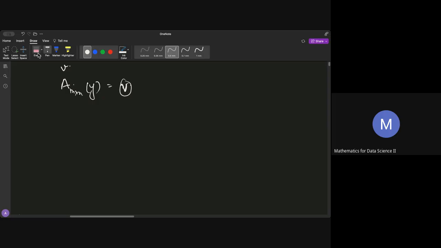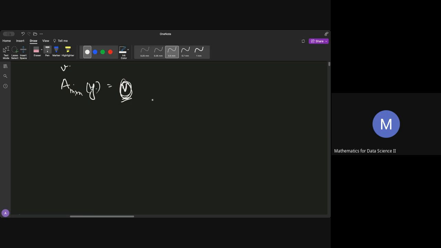We discussed it in sessions, I guess. How do we check whether a vector is in the column space or not? How do we check whether it's in the row space or not? Do you guys remember? We have discussed this in class. Okay, so it's fine now, right? You put V equal to whatever vector is given to you and try to find whether there's a Y or not.